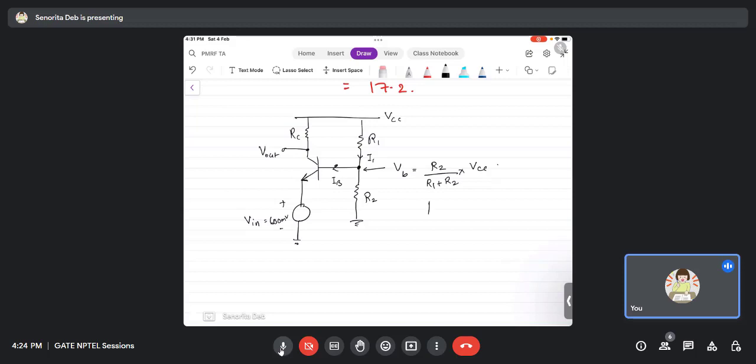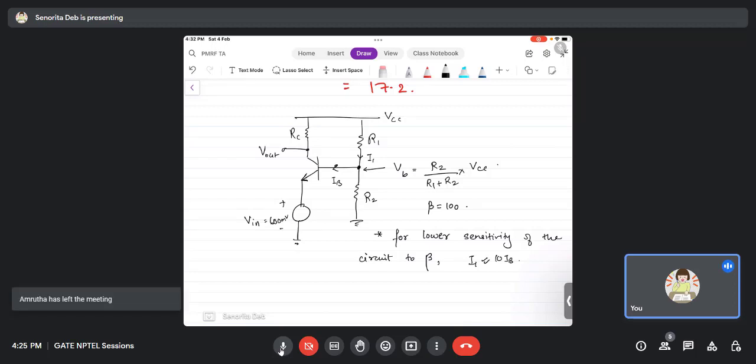We know that beta is 100, and for lower sensitivity, as we did in the common emitter, for lower sensitivity of the circuit to beta, we generally keep I1 as 10 times IB. I1 is usually kept greater than IB by a factor of 10.